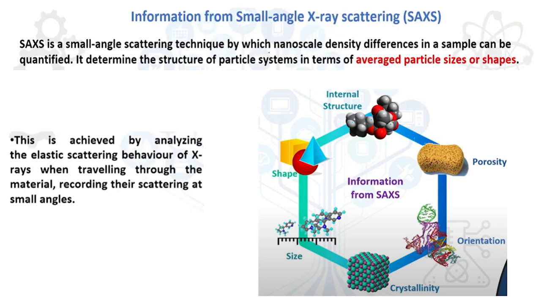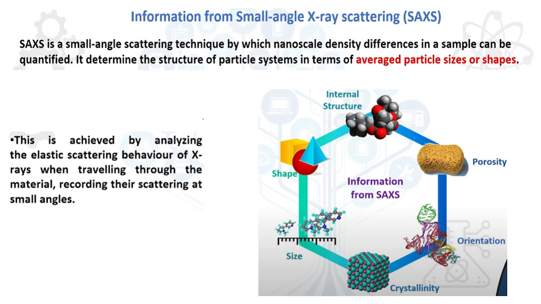It determines the structure of a particle system in terms of average particle size. Different parameters can be analyzed through SAXS. For example, if there is a nanomaterial that is aggregated, whether a 4-particle aggregation or a 10-particle aggregation, to know the internal structure of that aggregate, we can go for SAXS.